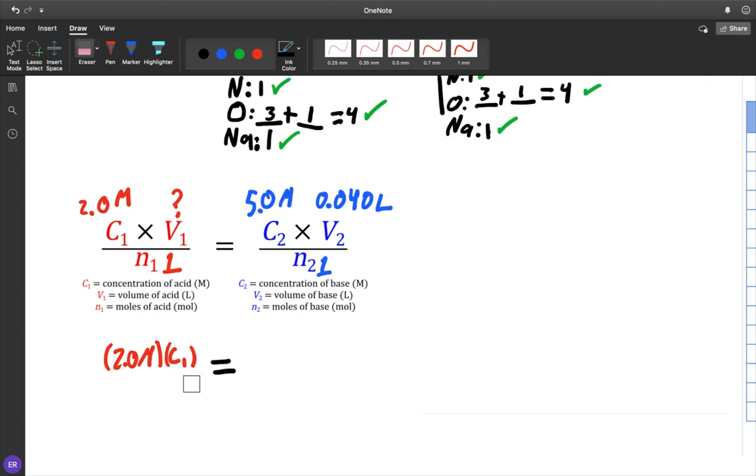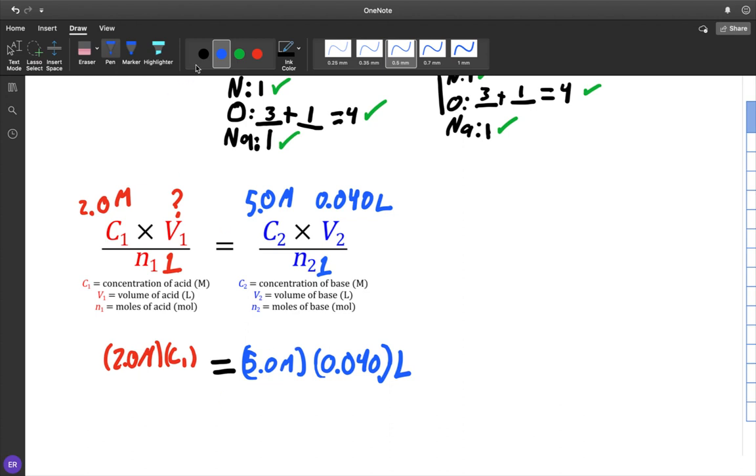So I'm going to go ahead and take that out. So the 1 and 1, if they were different numbers, then we would want to include it, but because it's the same thing, it's one, we can basically ignore it. Okay, and then we have our C2, which is 5.0 molar, times V2, which is 0.040 liters.